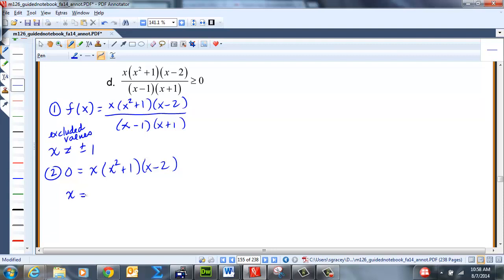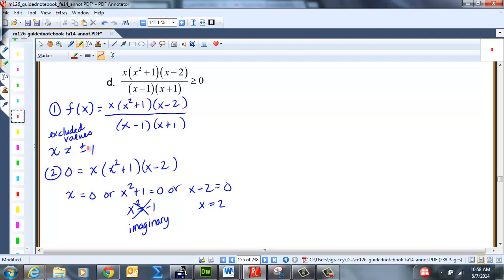So x is 0, or x squared plus 1 is 0, or x minus 2 is 0. So x squared is -1. We throw that out because it's an imaginary solution, and we're looking for real zeros. Here we'd get x is 2. So our excluded values are at plus or minus 1, and our zeros are at 0 and 2.